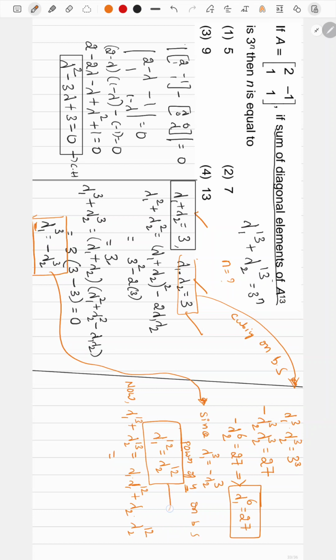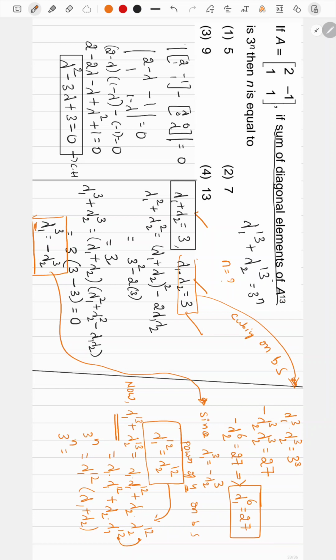Since lambda 1 whole power 12 and lambda 2 whole power 12 are equal, this is lambda 1 into lambda 1 whole power 12 plus lambda 2 into lambda 1 whole power 12, because both are the same. Next you can take lambda 1 whole power 12 common, and you get lambda 1 plus lambda 2. This total is equal to 3 power n.